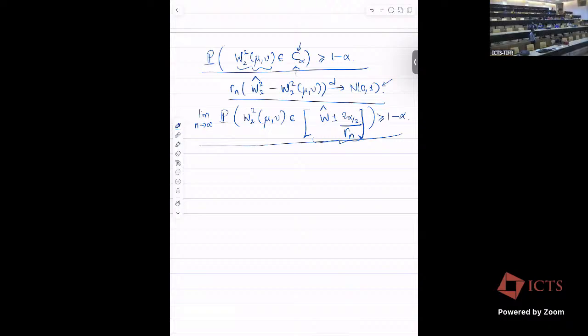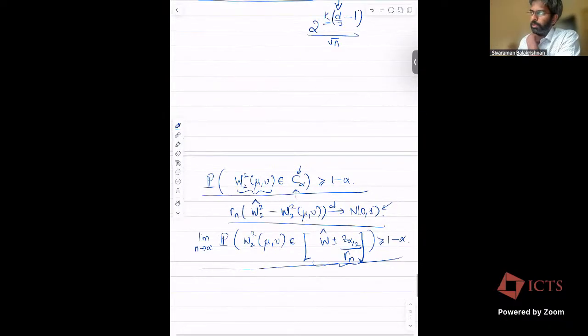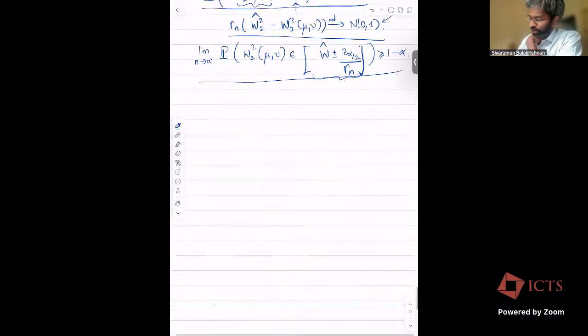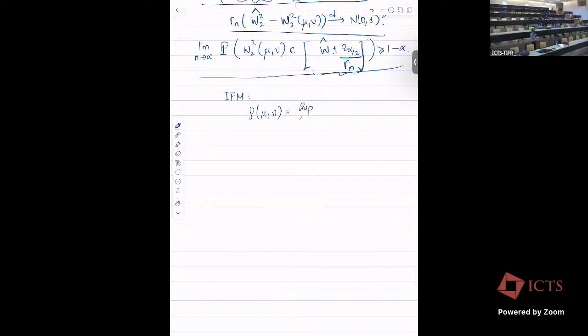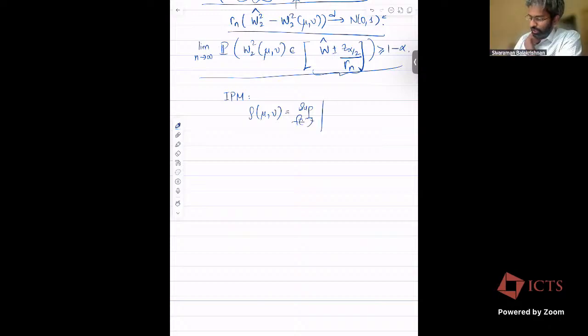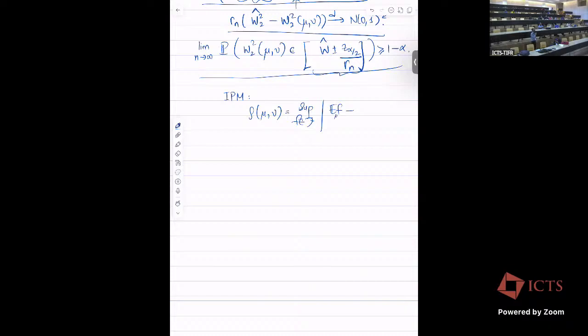And for that also, is it a way to do the duality thing you did? Maybe one should back up. You can define IPMs generally, and you can use them. That is, you can define a distance between mu and nu to be the supremum over some class of functions. So you start already in the dual. Yes, you start with the dual, exactly.